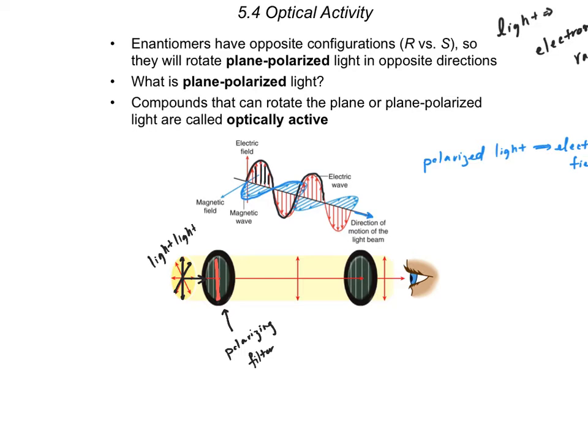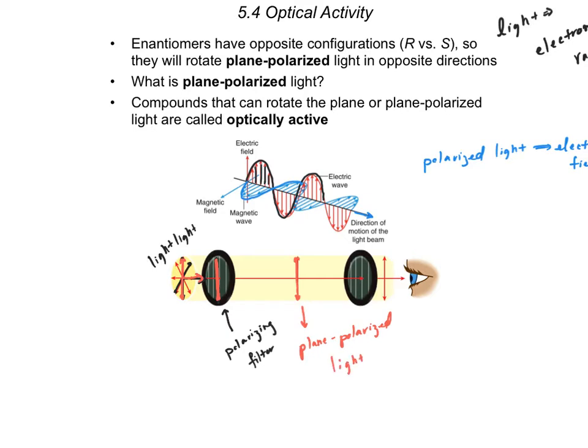For example, if we have this light moving this way towards our polarizing filter, the only electric field component that gets through will be the one that matches the slit, which would be this one. Everyone else gets blocked because it hits the filter and doesn't get through, okay? So the light that comes out of our filter here is what we call plane polarized light.